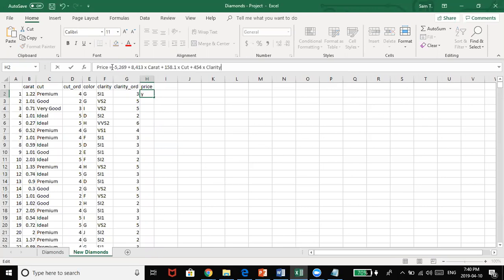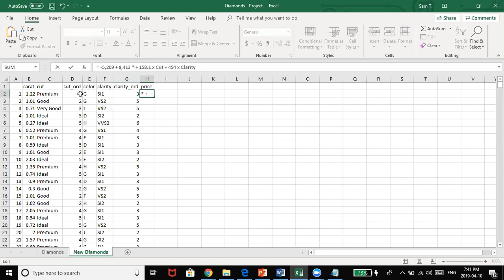So it's an easy way for me to actually do this computation. I'll delete this part, and then we know that the price is equal to this number multiplied by the carat, which is the weight.